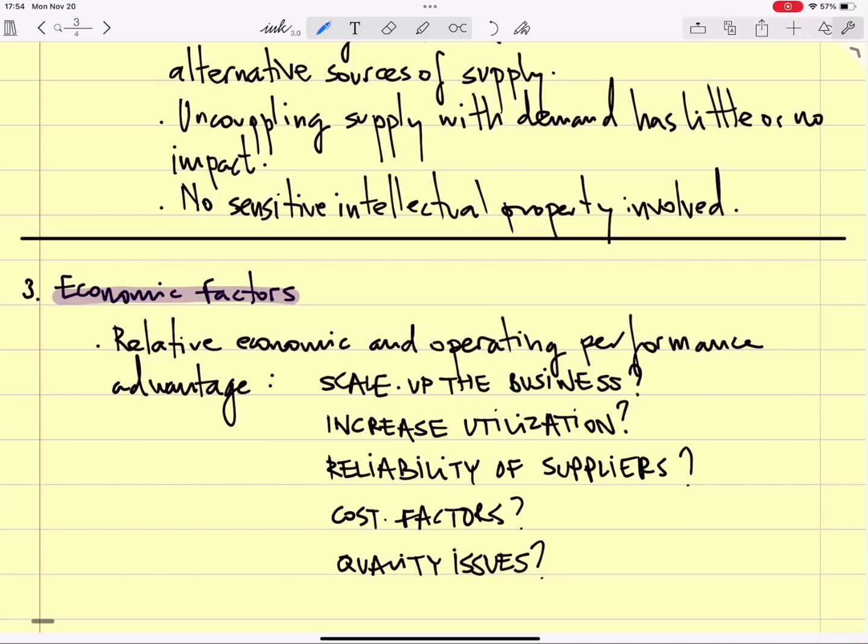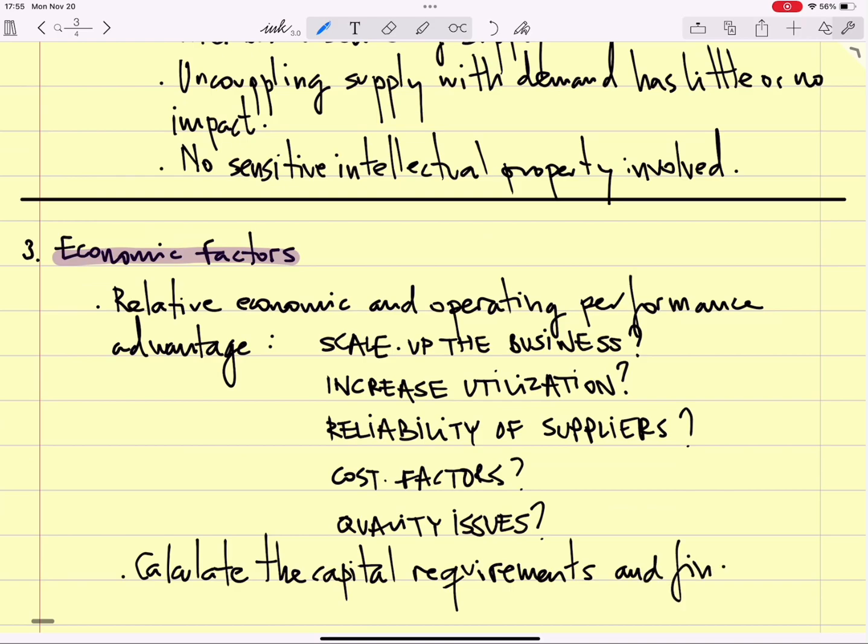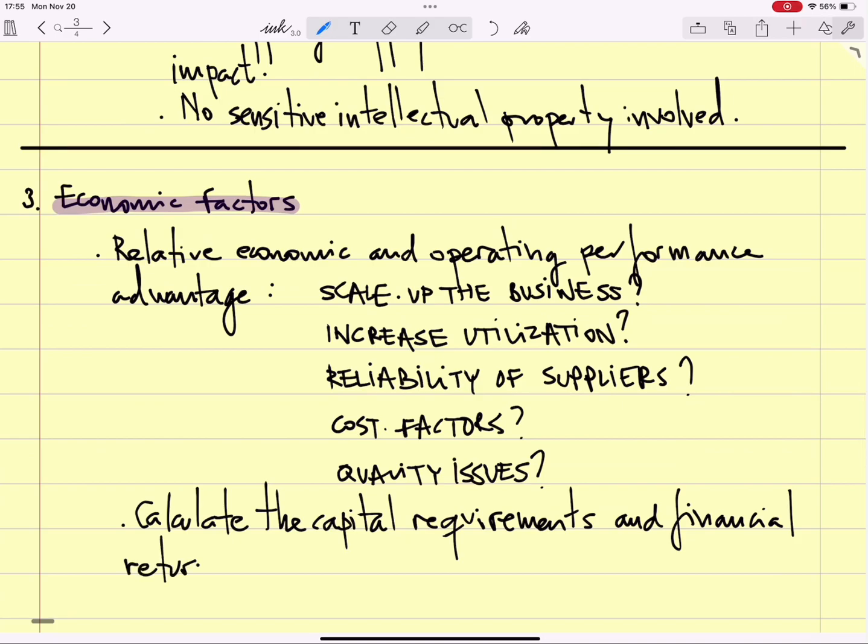At the end of the day, what you need to calculate are the capital requirements and financial returns, which is nothing but a break-even analysis.